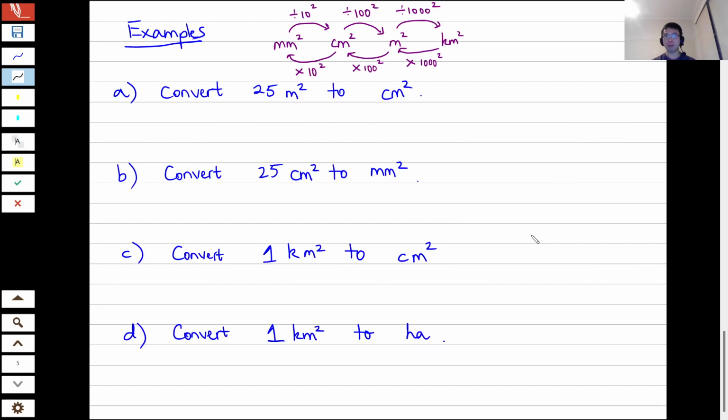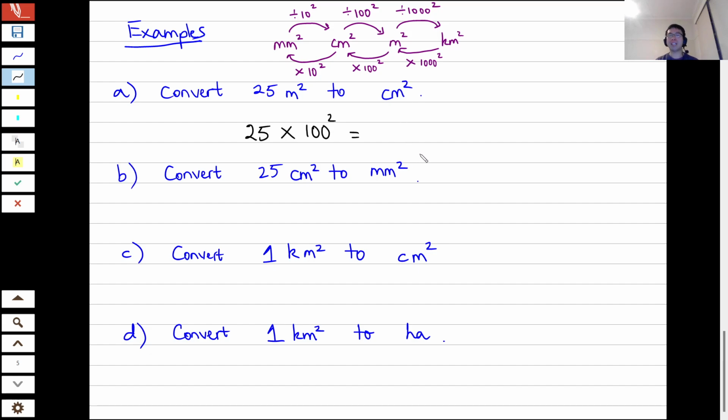And let's finish with some examples. So it's up the top, in case you've forgotten. Let's suppose I want to go from square meters to square centimeters. I'm going from a larger area to a smaller area. What I need to do is multiply by 100 squared. So 25 times 100 squared, where 100 squared is 100 times 100, so this is actually 10,000.